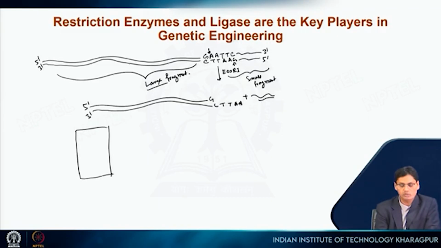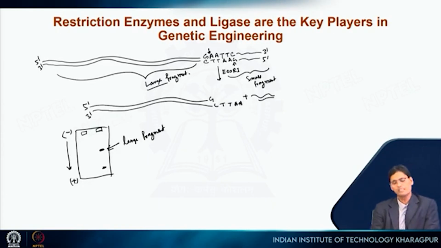So this is the agarose gel. This is the negative side, this is positive. You loaded your sample somewhere here. After the gel run, you will see one band here, one small band here. So this is the large fragment.